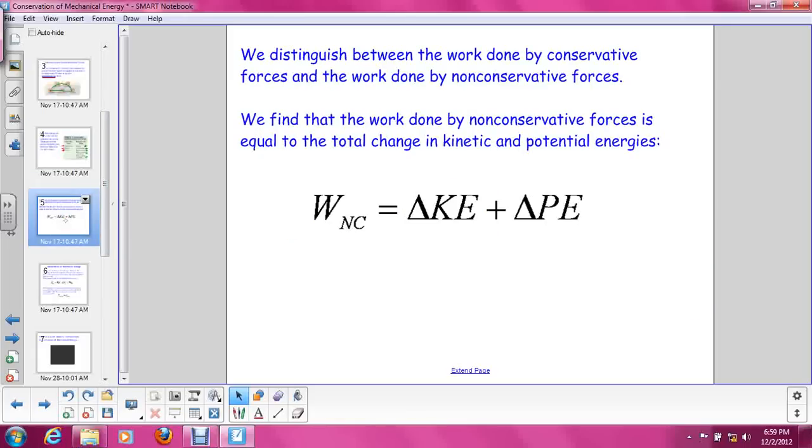So we distinguish between the work done by conservative forces, like elastic and gravitational, and the work done by non-conservative forces, like a push or a pull from a person and friction. And we find that the work done by a non-conservative force, like friction, is equal to the total change in kinetic and potential energies.